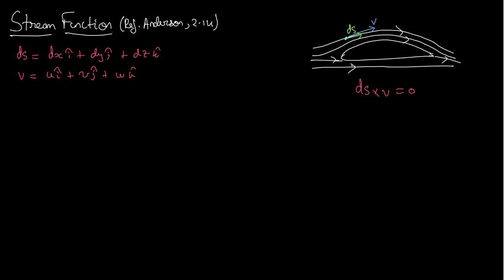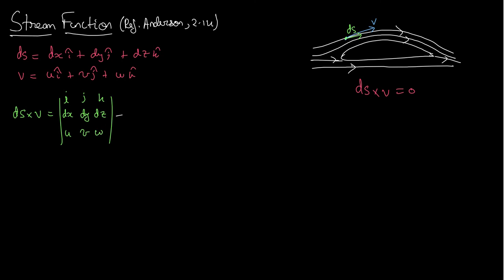So if I take a cross product here, I'll get something like this. So this is the determinant of i, j, k; dx, dy, dz; u, v, w.